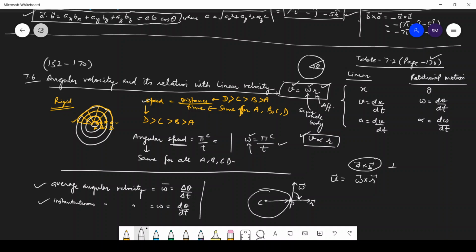Hold your hand so your fingers are in the vertical direction, and your thumb will be pointing inside the screen, inside the plane of the paper. So hold omega and rotate it towards r. This is very important that you need to do.